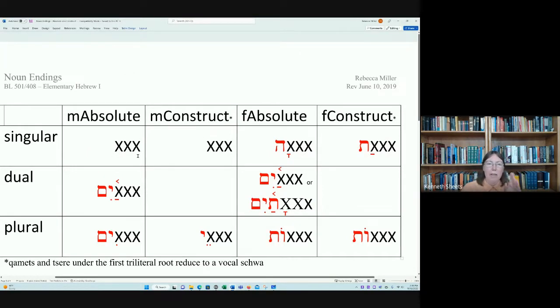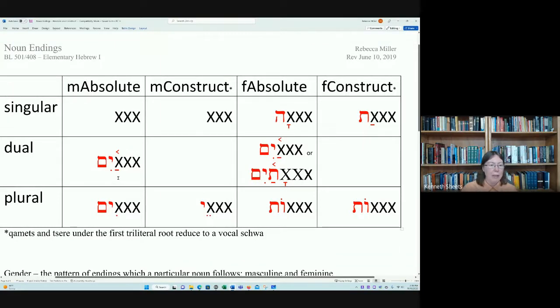And remember, again, when we're dealing with this particular chart, the three X's stand for the triliteral root of the word. So most Hebrew words are built off of three letters, and so thus the X's here stand for the three letters of the noun. So masculine, singular, absolute, you can see there's no ending on the triliteral root. It's just going to be the three letters of the noun.